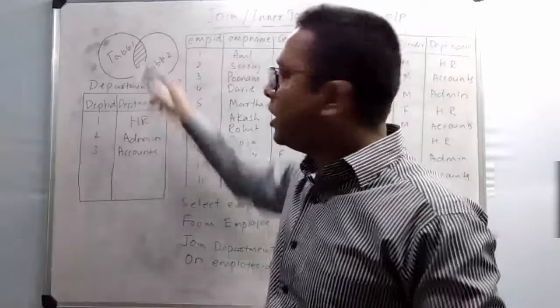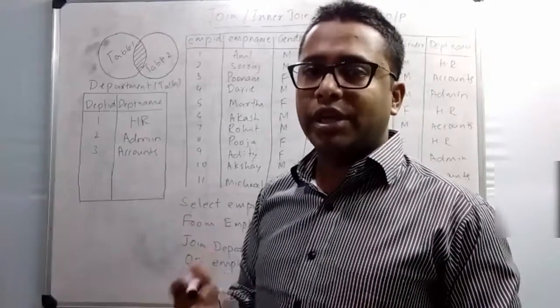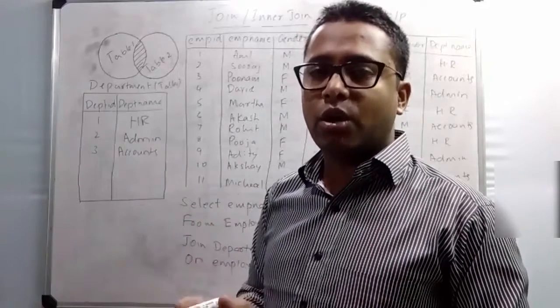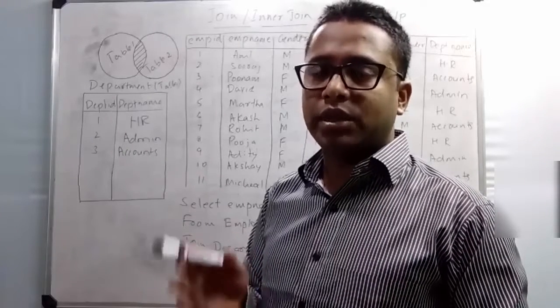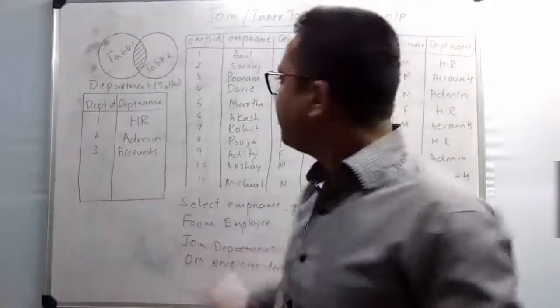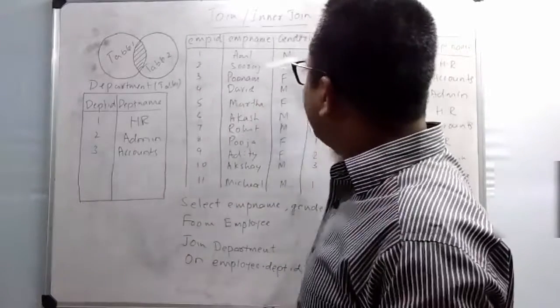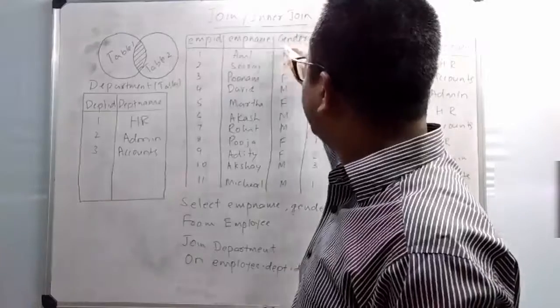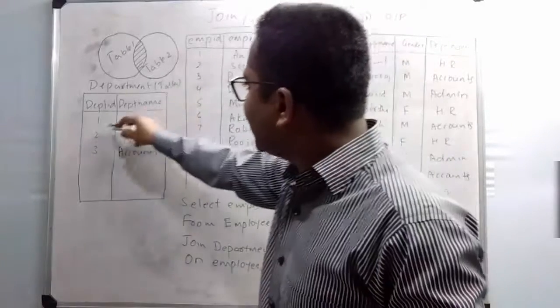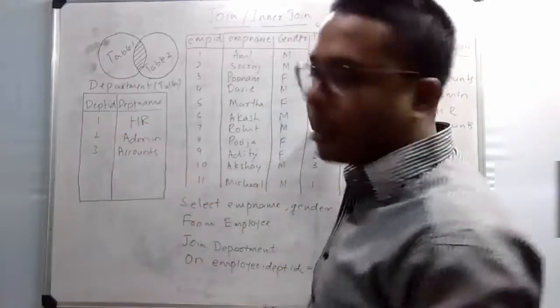According to the inner join definition, it will return only those records which have the matching IDs in both the tables, both in employee and in department. Now you can see with the help of inner join, it will return only those employee name, gender and department name which have this department ID in the employee table also.